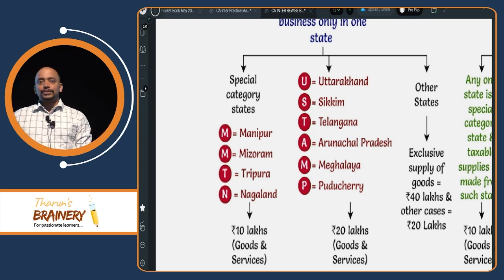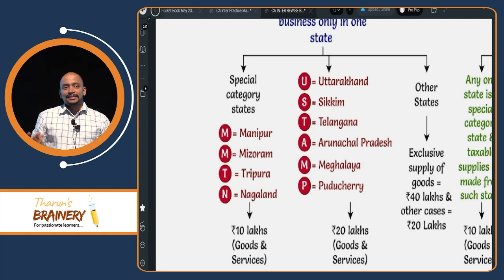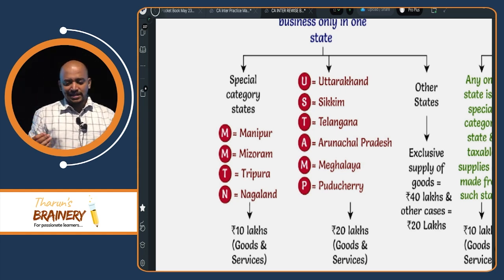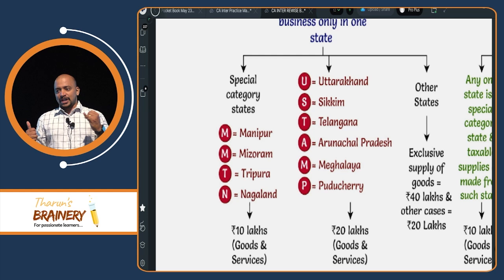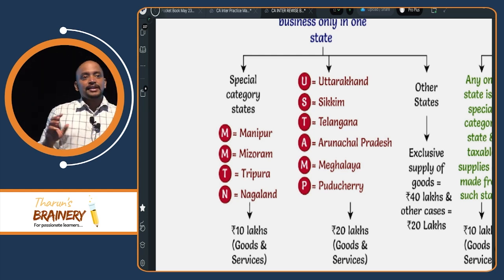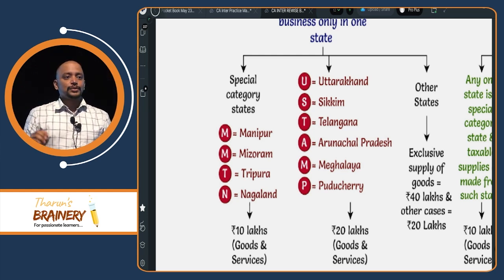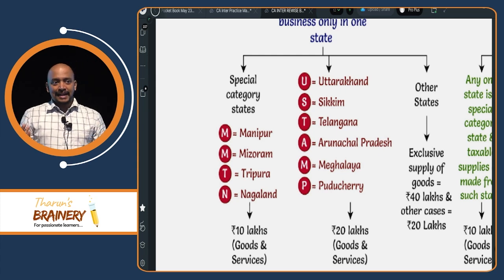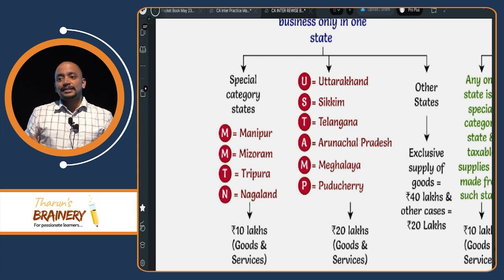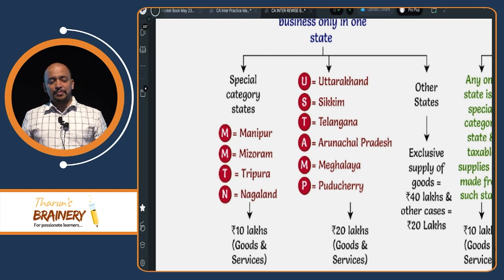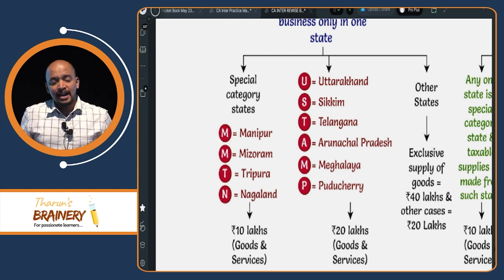If you are doing business in a single state, and that single state is in USTAMP: Uttarakhand, Sikkim, Telangana, Arunachal Pradesh, Meghalaya and Puducherry, these 6 states. U for Uttarakhand, S for Sikkim, T for Telangana, A for Arunachal Pradesh, M for Meghalaya and P for Puducherry or Pondicherry.